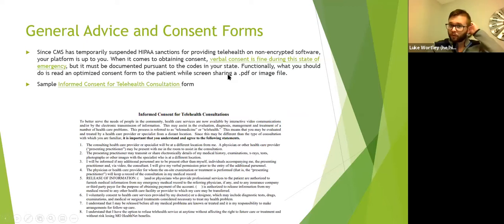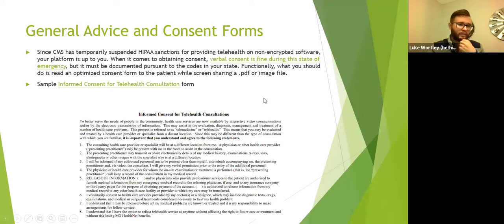Obviously, you're more than welcome to share a PDF or image file with the patient's email address, get it signed and sent back for written consent. But during the public health emergency, verbal consent was considered fine by CMS.